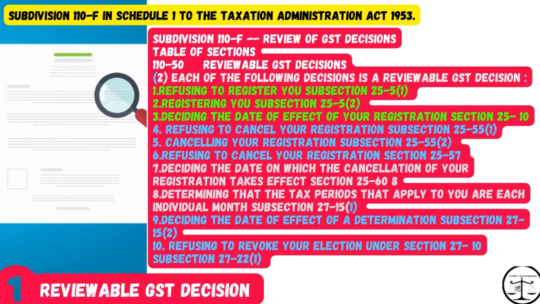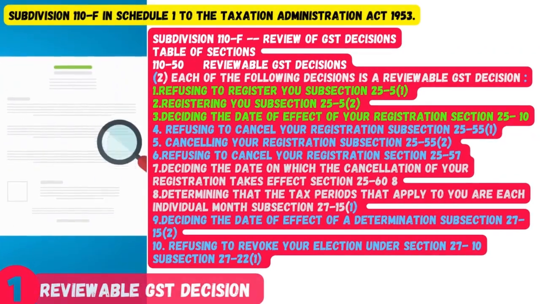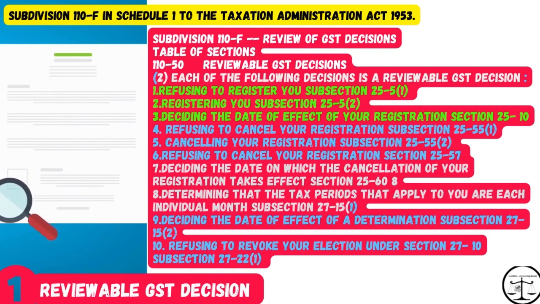Deciding the date on which the cancellation of your registration takes effect, section 25-68. 8. Determining that the tax periods that apply to you are each individual month, subsection 27-15(1). 9. Deciding the date of effect of a determination, subsection 27-15(2).